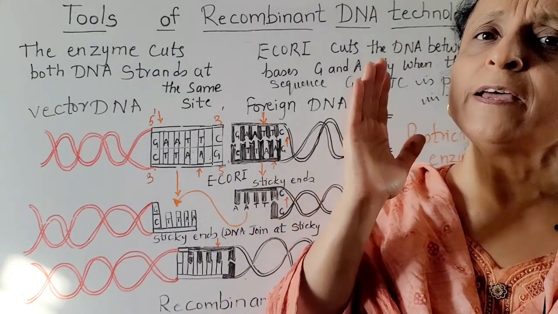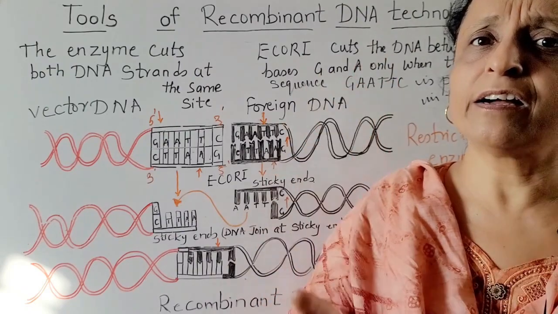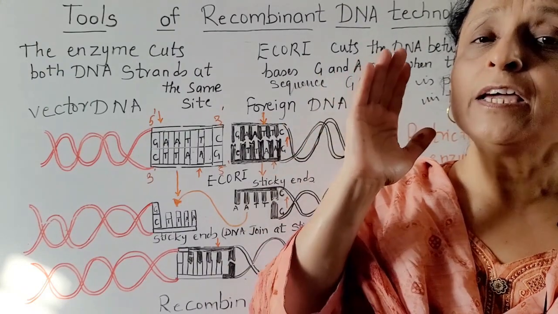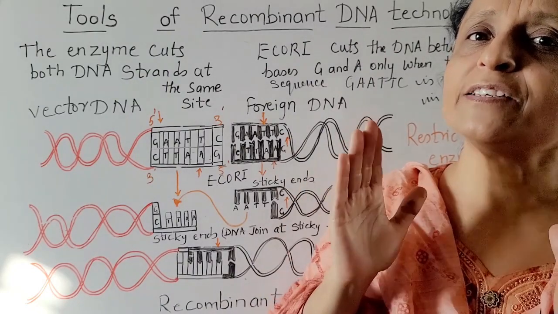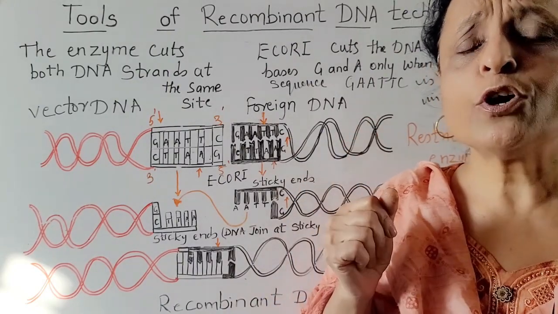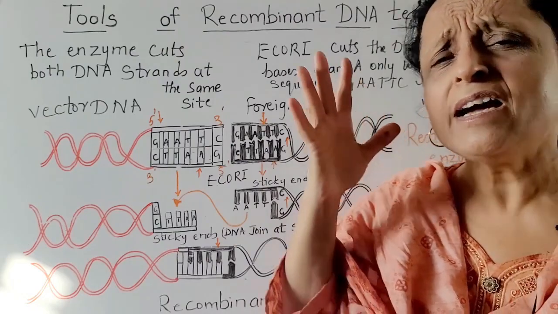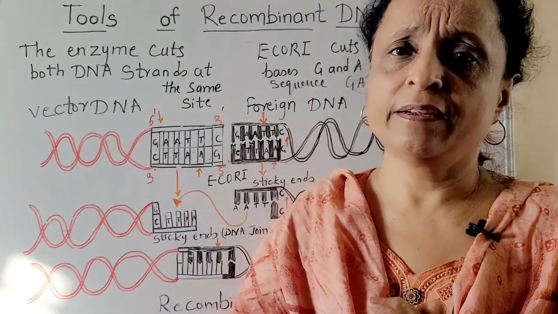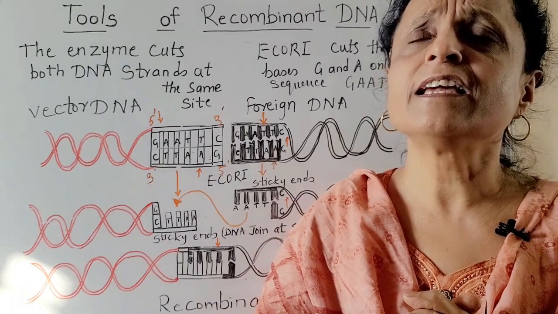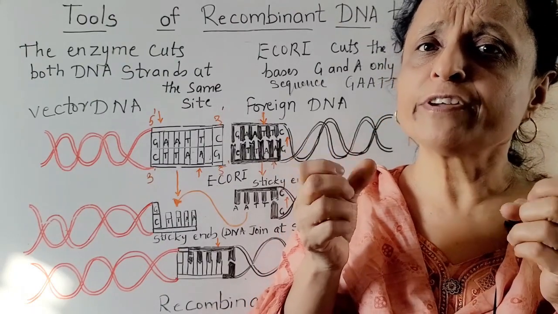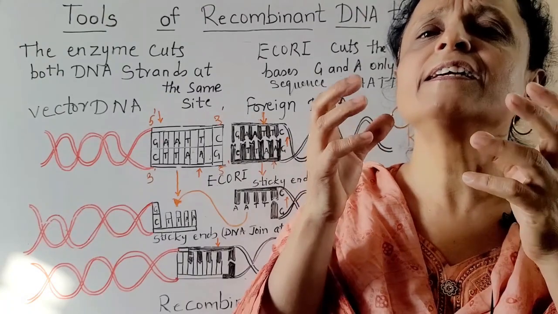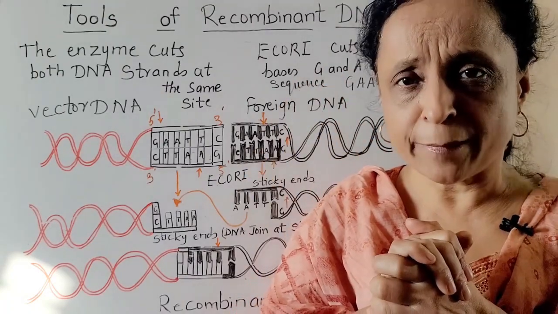Restrictive enzymes restrict, they cut, they stop something. So therefore they are known as restrictive enzymes. Now in 1963, in Escherichia coli, when the bacteriophages entered, they released restrictive enzymes.